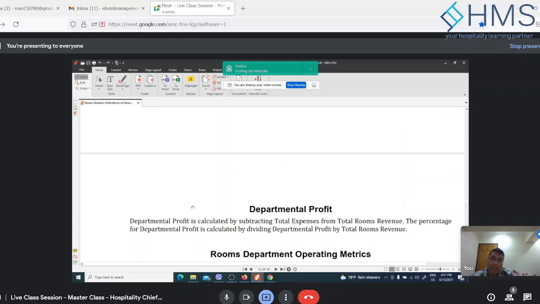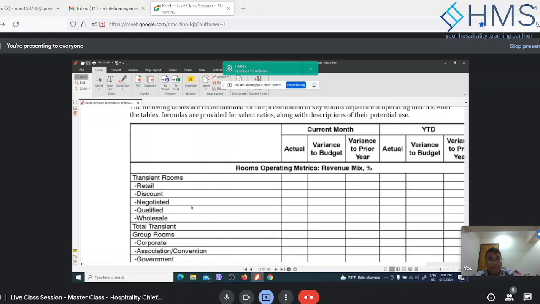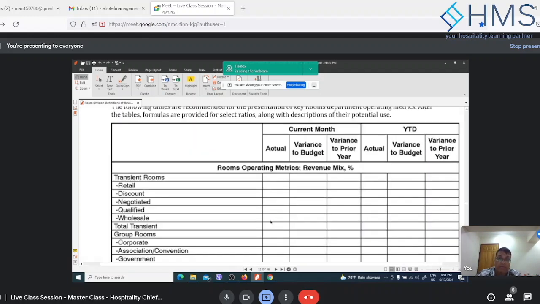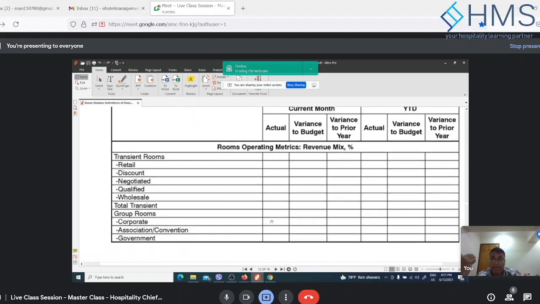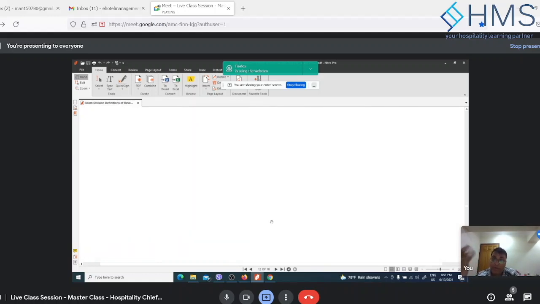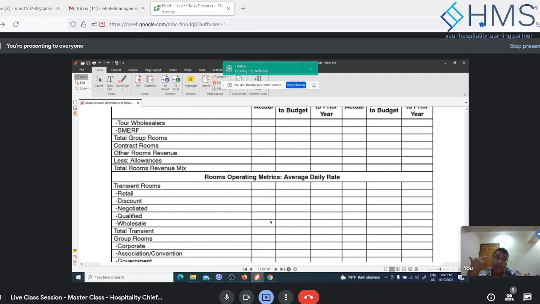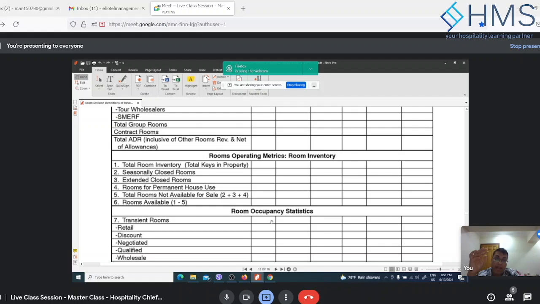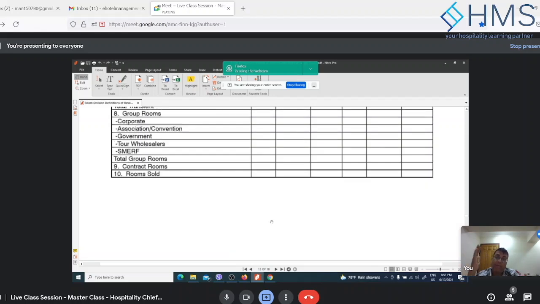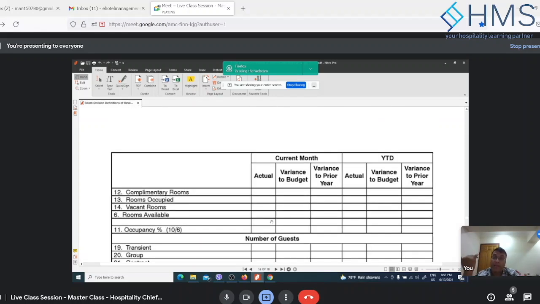And then we have the other operating statistics as part of your metrics. You might have seen these statistic reports in your daily revenue report, which show the revenue mix for each room segment: the revenue plus the ADR and also the rooms. So you have all the types of occupancy statistics by market segment, so that you can analyze your rooms revenue in more detail, by revenue segment, by occupancy, and also by ADR, right?